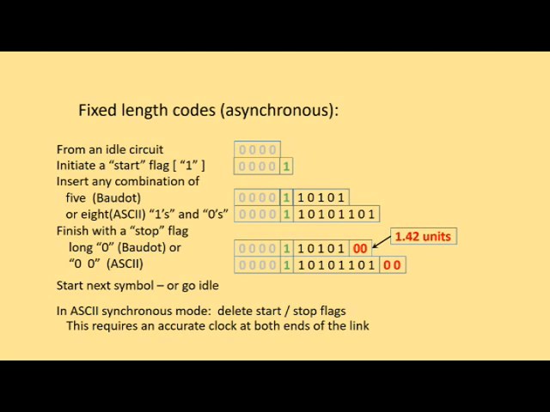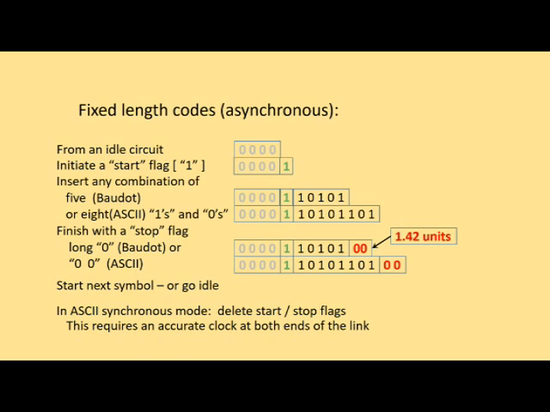Let's look at fixed-length codes. Initially, the circuit is idle, transmitting a sequence of zeros. Then there must be a transition to 1 to start things, and this transition, shown in green here, is called a start pulse.